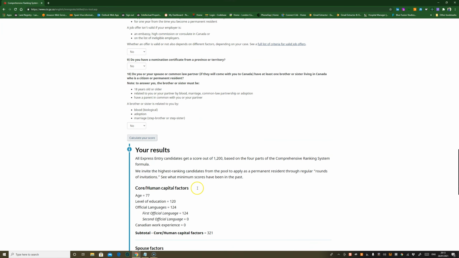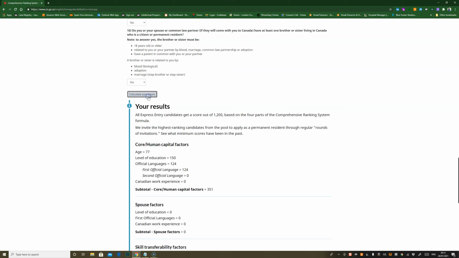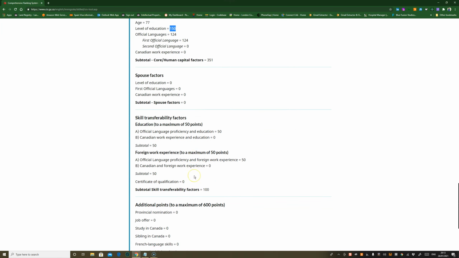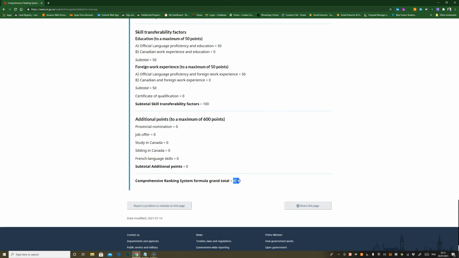And I calculate my score, I only gain 30 points. So having a PhD will not necessarily give you more points than 150. In fact, if you look at your total score, 451, it didn't really increase much.